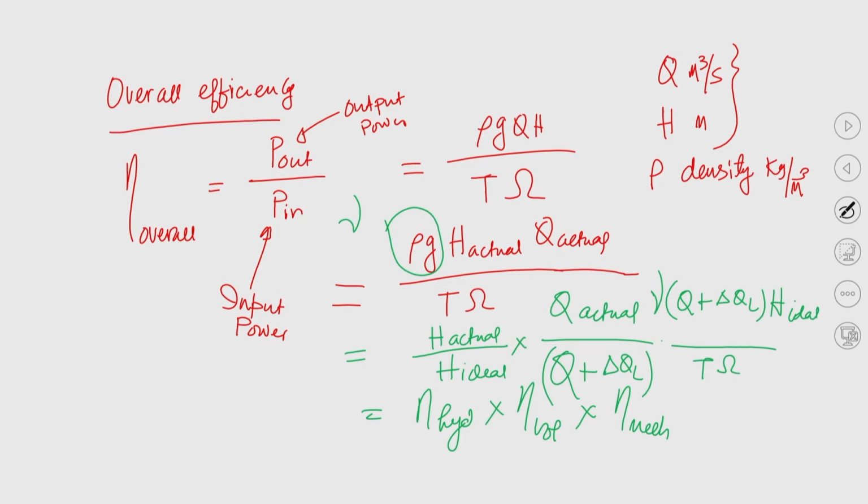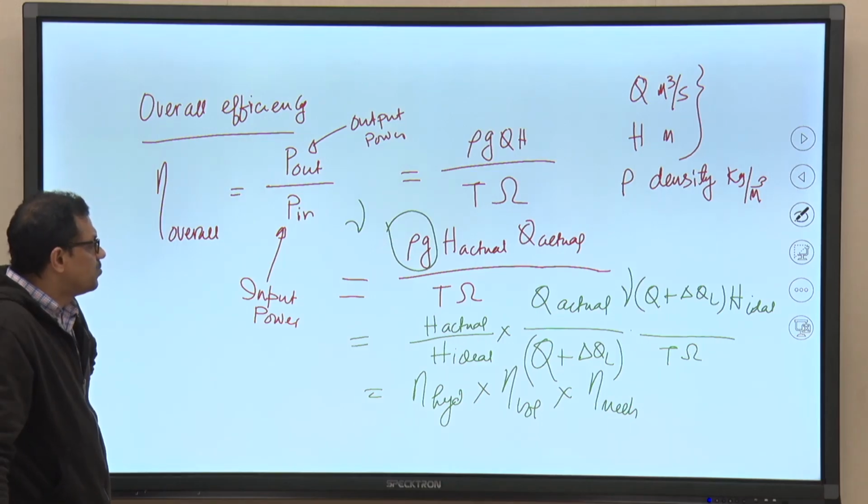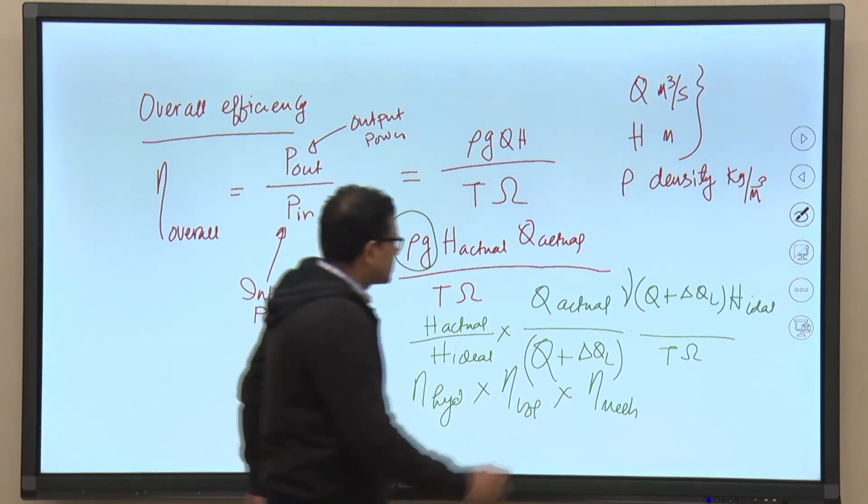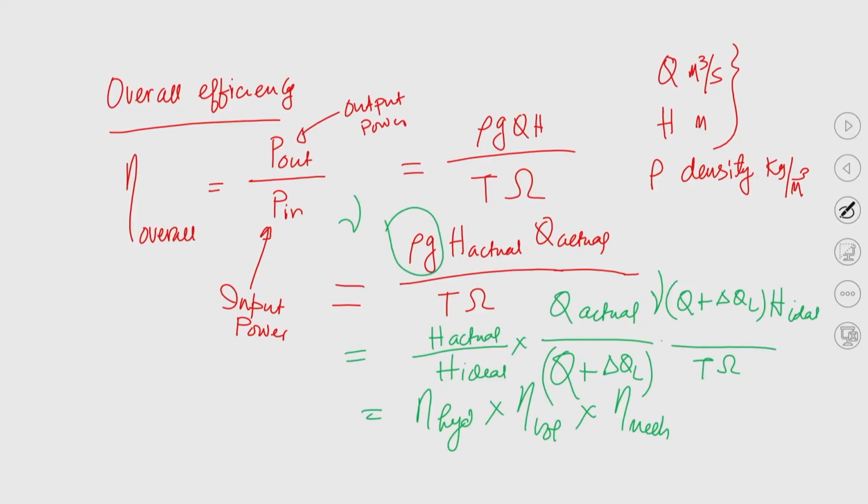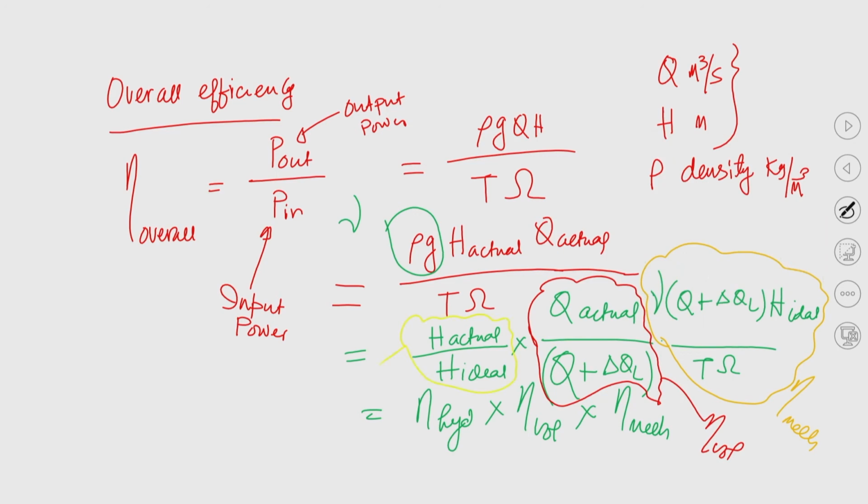If I write rho into g as gamma, then gamma into Q plus delta QL into H ideal by T omega. If I use a different color now, this quantity is eta mechanical, this quantity is eta volumetric, and we are left with the first one, which is eta hydraulic, right.